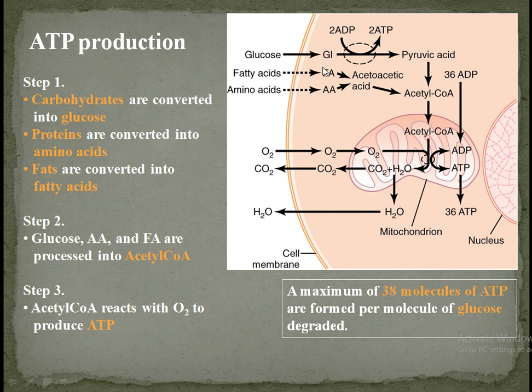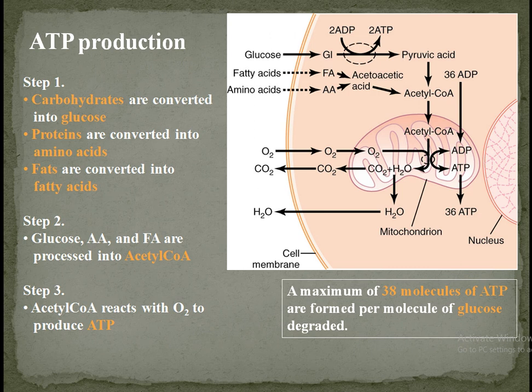Through certain processes, they are converted into acetyl-CoA, which combines with oxygen to form a highly energetic compound, that is ATP. A maximum of 38 molecules of ATP are formed per molecule of glucose degraded.